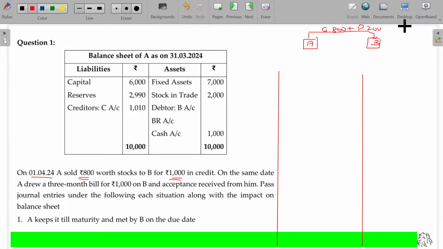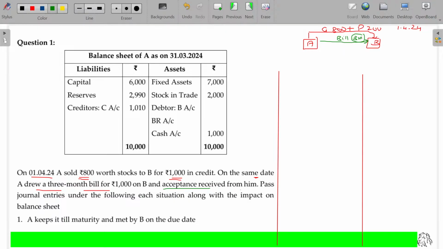The date being 1/4/24, isn't it? You can copy along with me. Come on. On the same date, A drew a 3-month bill for 1000. So 3-month bill drawn and sent.